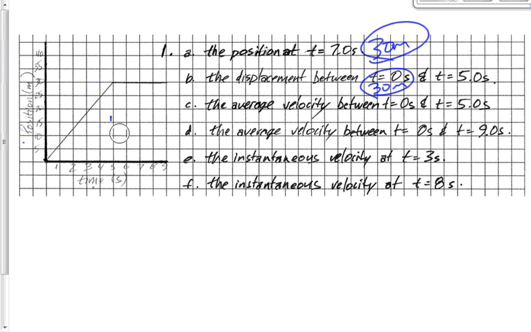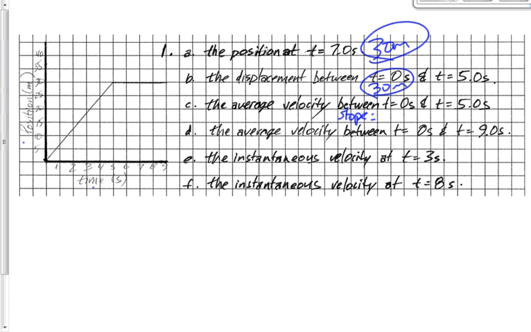The average velocity now between 0 and 5 seconds. Now we got to do a calculation. It's more than just subtraction. Who likes slope? Who likes v equals d over t? Let's do it slope this time because we did it v equals delta d over delta t last time. The slope is the rise over the run.